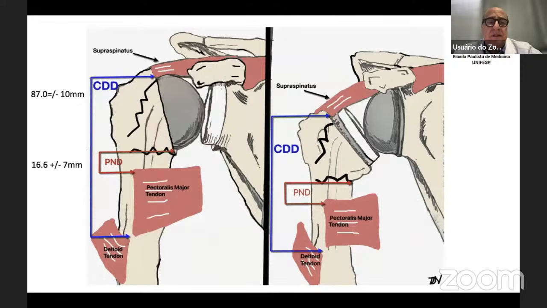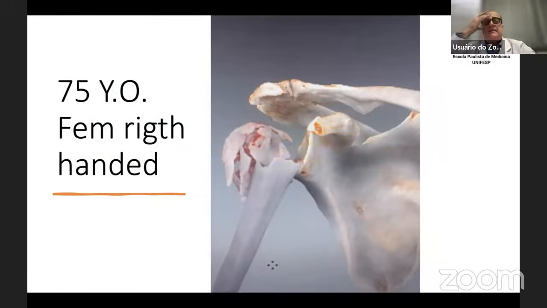And they reported these results: 87 millimeters, plus or minus 10 millimeters for this so-called CDD measure. It's from the deltoid to the cuff, and 16 millimeters, plus or minus 7 millimeters for this PMD measure. That's something you have to have in mind and use in different situations.